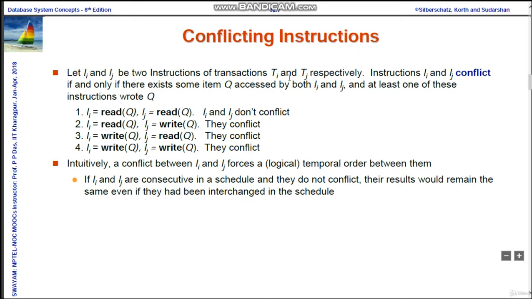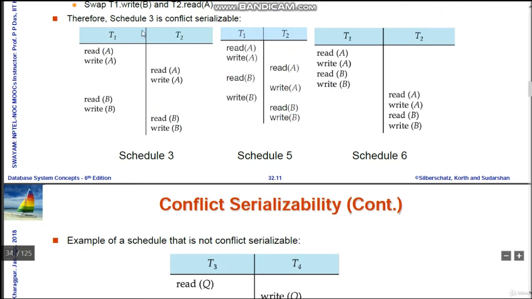Instructions Ii and Ij conflict if and only if there exists some item Q accessed by both Ii and Ij, and at least one of these instructions writes Q. So guys, see here, this is T1 and T2, two transactions. These all are Ii instructions and these all are Ij instructions. That means T1 instructions are Ii, T2 instructions are Ij.